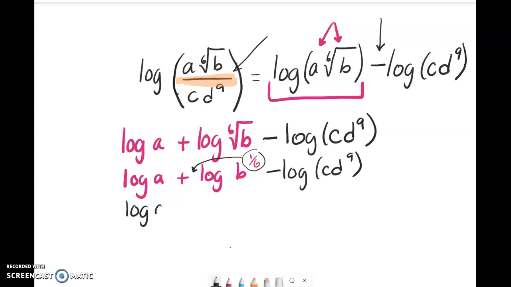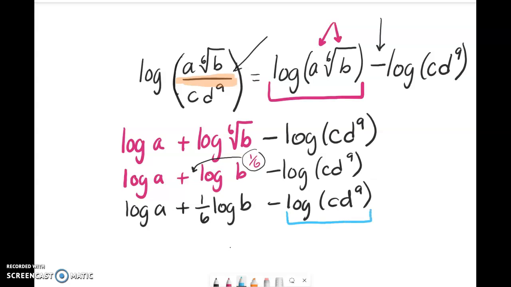So now I have fully expanded this first part. This is fully expanded. I can't simplify any further. Now I'm going to move my focus to this log of c times d to the ninth, and I'm looking to expand this portion.